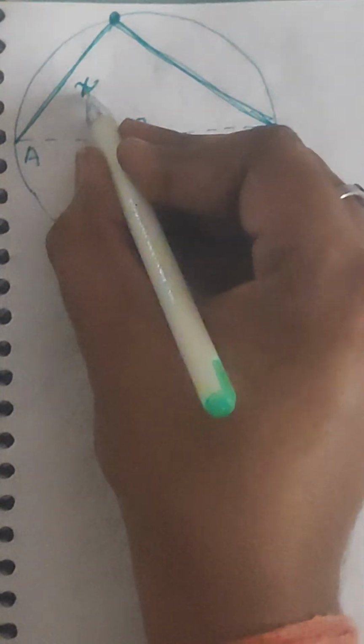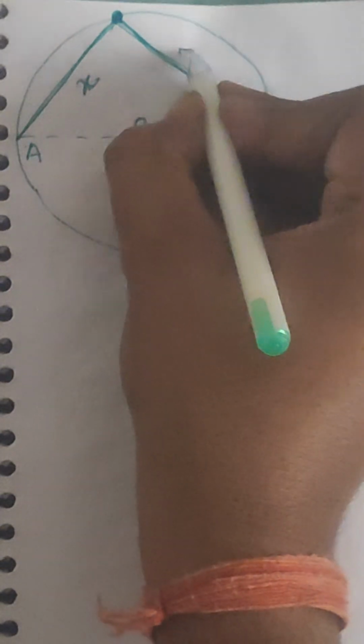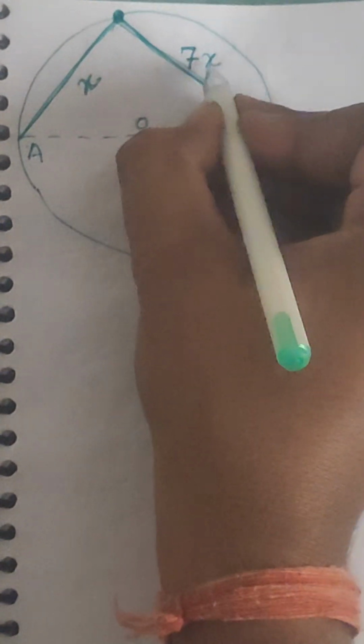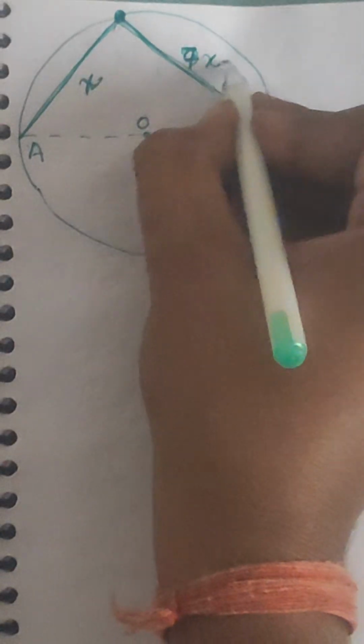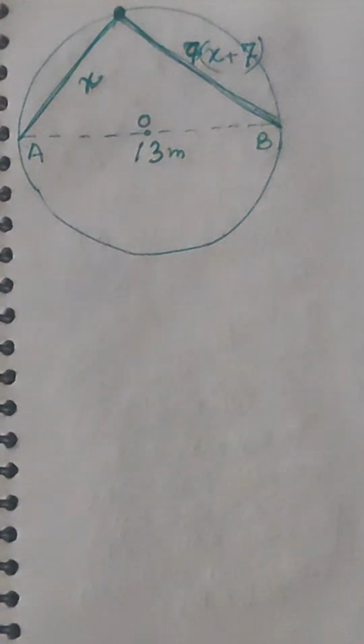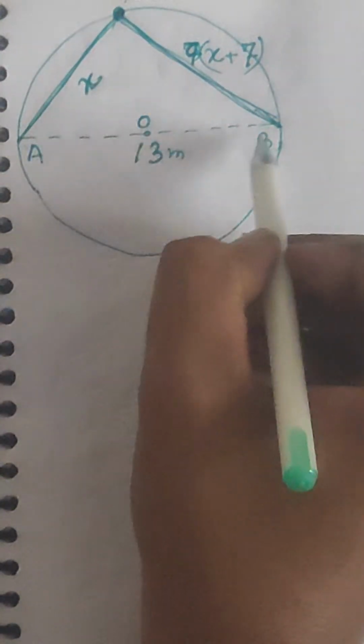So if this point is at a distance of x, then the other is at a distance of x plus 7, since the difference is 7. So you can say the point is situated at a distance of x plus 7 from the point B, because the difference of this point from the two diametrically opposite gates is 7.